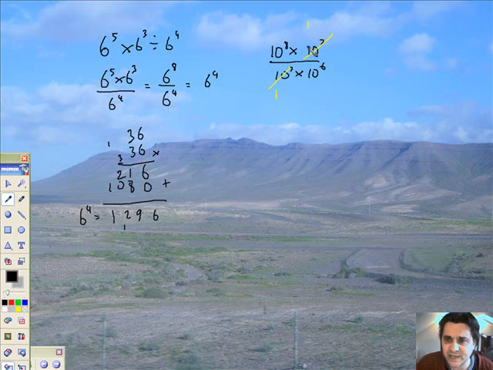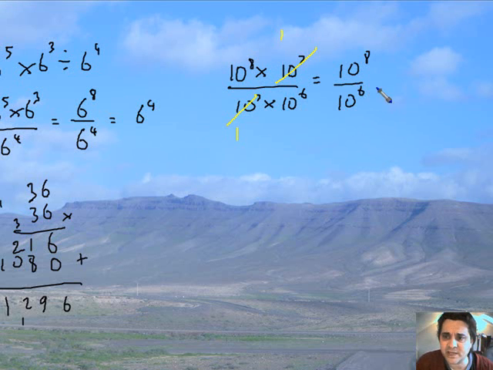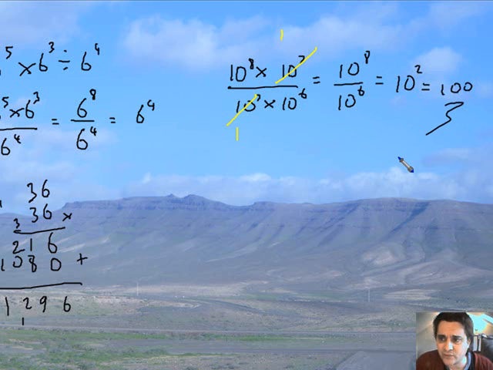And I'm left with 10 to the power of 8 upstairs divided by 10 to the power of 6 downstairs. Remember, take away the powers. 10 to the power of 2, and to our great relief the answer is 100, and that's all there is to it. And that's all I want to do really, because the exam style question is just boringly easy. Do it yourself if you want to. I certainly won't set it in class, you don't need to bother with that.